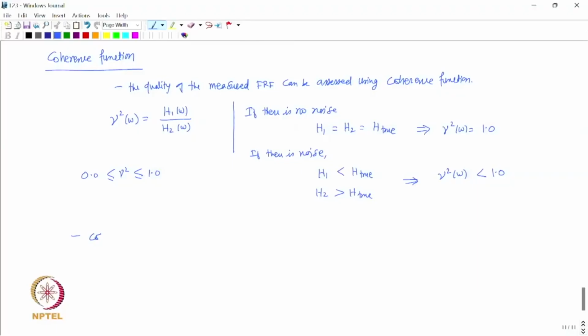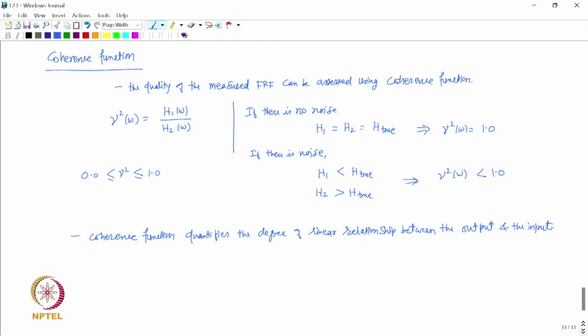So, the coherence function quantifies the degree of linear relationship between the output and the input.